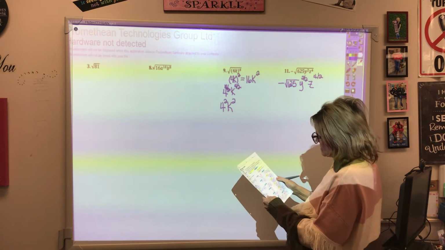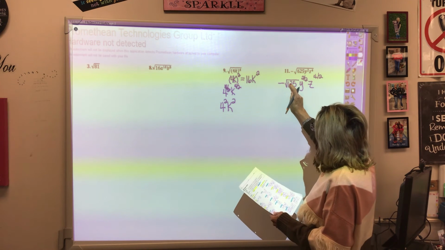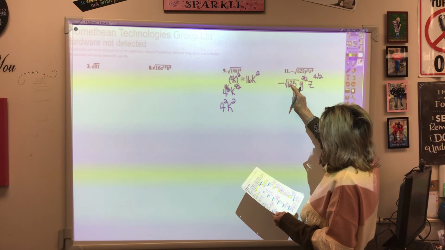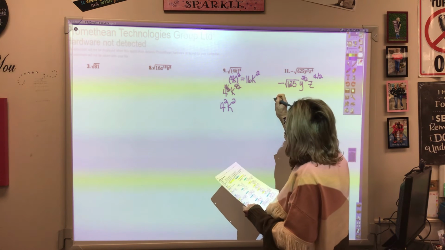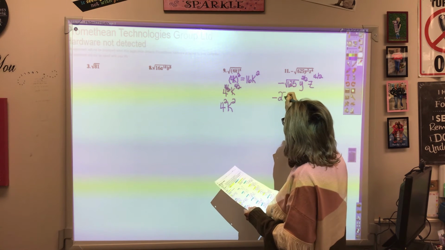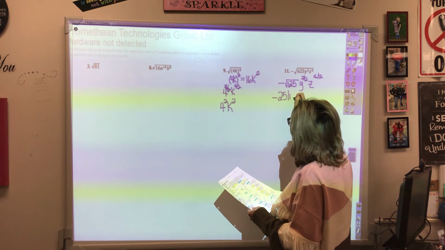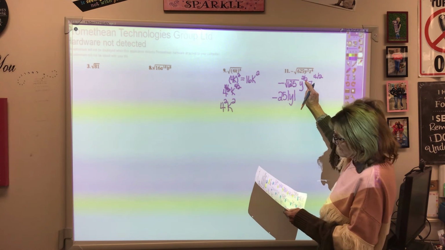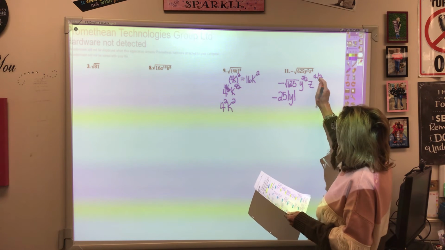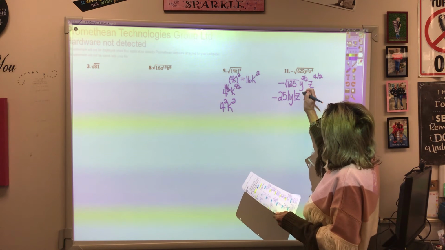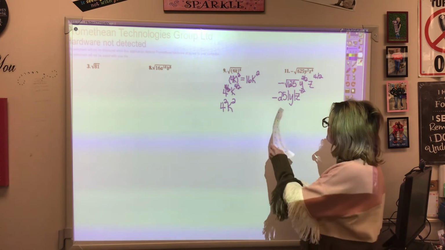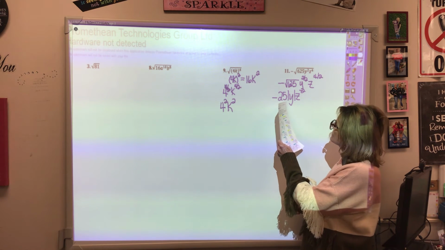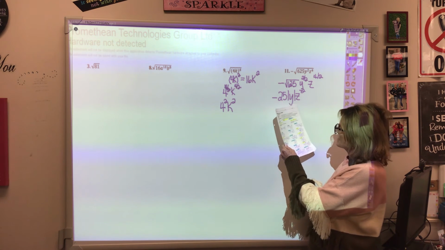Okay, so the negative square root of 625 would be negative 25. This would be absolute value of y because we started with an even power and it's now going to be odd. And then we have z squared. So negative 25 absolute value of y, z squared.